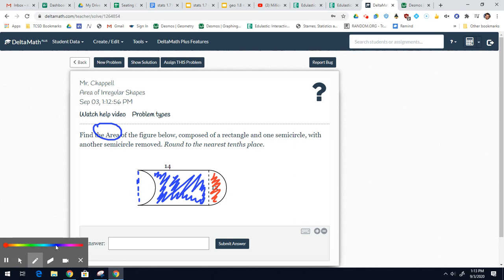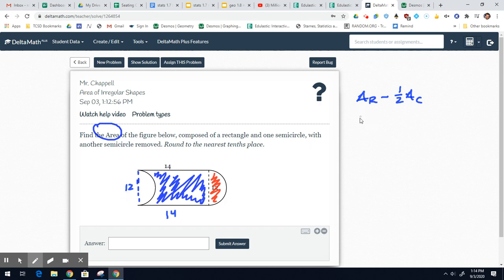In this rectangle, if this top side's 14, this bottom side is 14, all right? And then we have 12 and 12 over here. So to find the area of what's left over from the rectangle, I'm going to take the area of the rectangle and I'm going to subtract half the area of the circle. Put a C for circle, right?